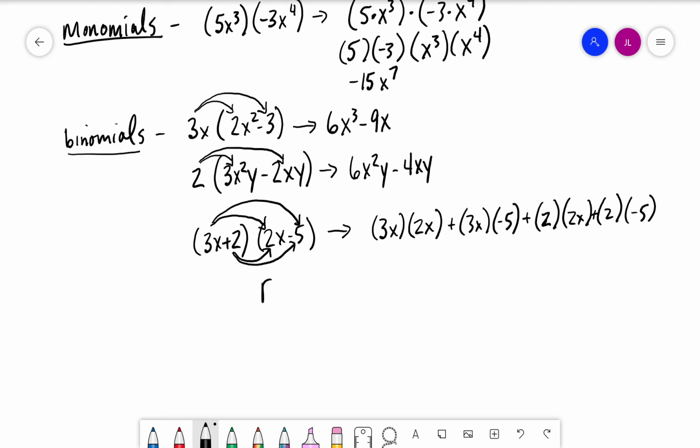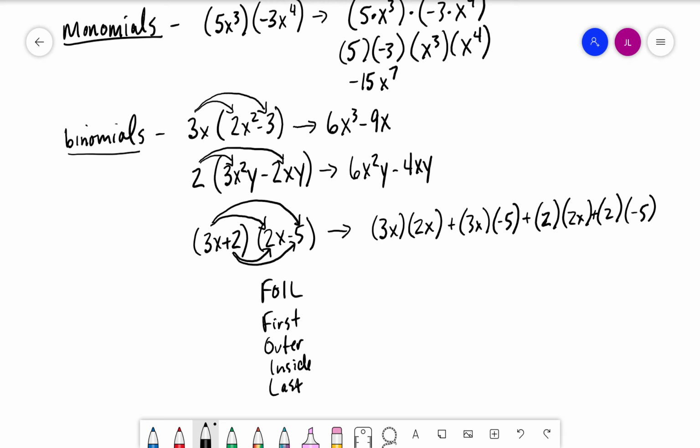You may have seen this before as the FOIL method, where we do first, outer, inside, last. Which means we do the first two, then we do the outer two, then we do the inner two, and then we do the last two. But this is just a way to remember what we're doing.